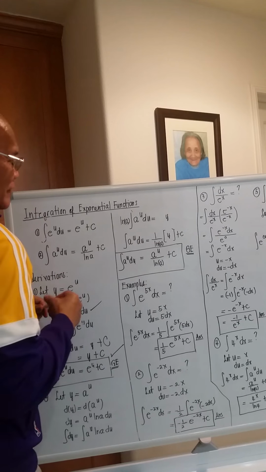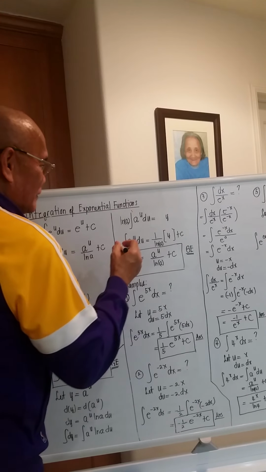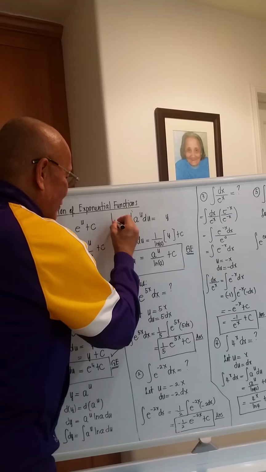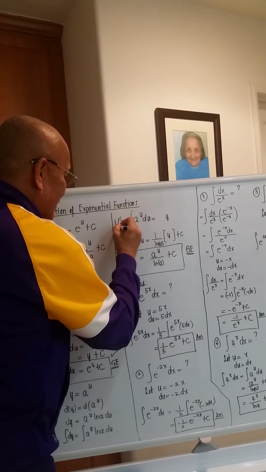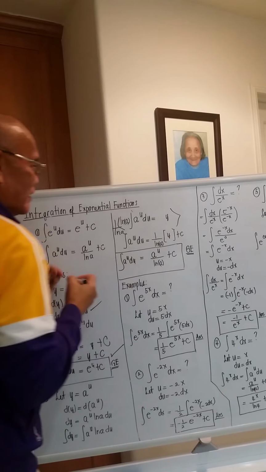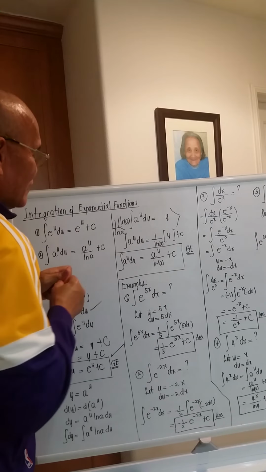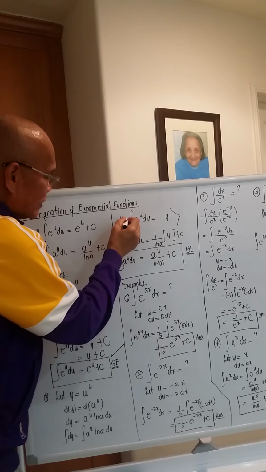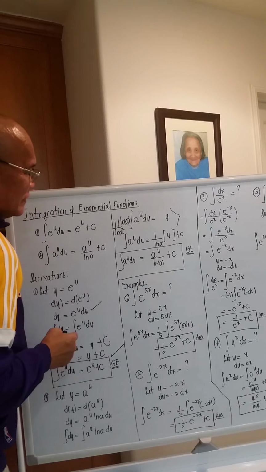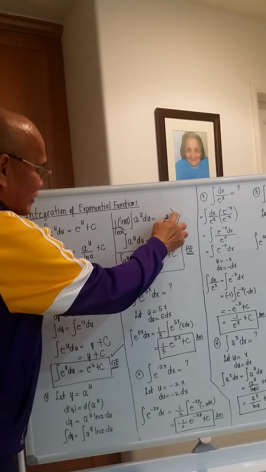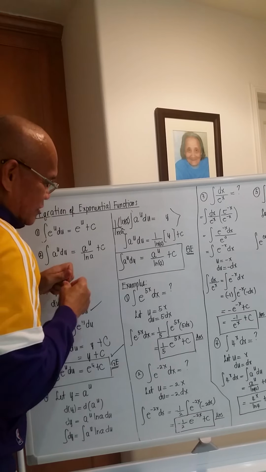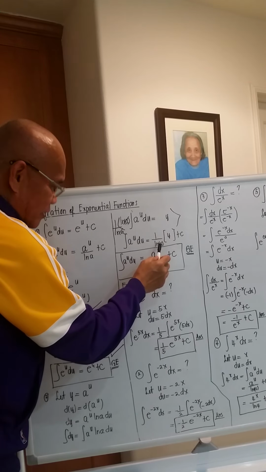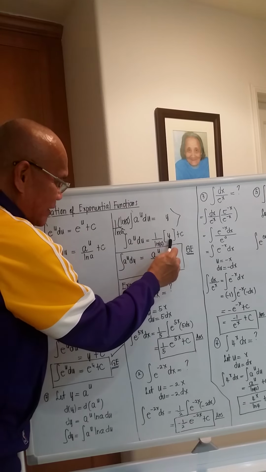Okay? Then try to divide both sides by the natural logarithm of a. On the right hand side, natural logarithm of a cancels. So y times 1 over natural logarithm of a is 1 over natural logarithm of a times y.